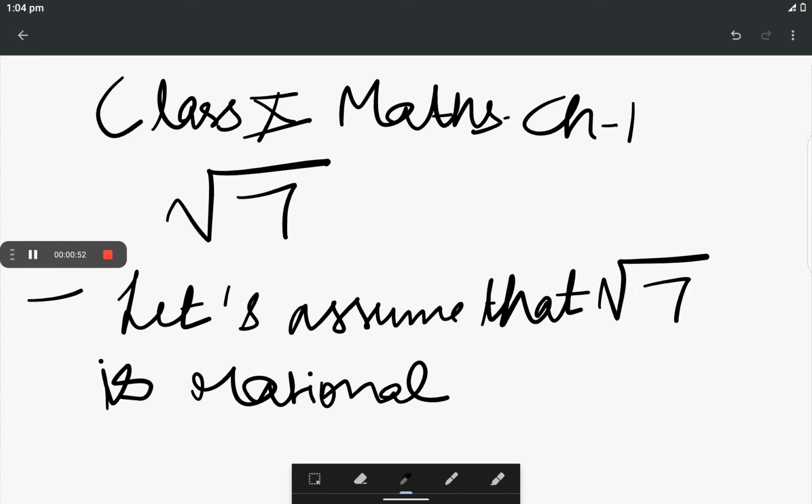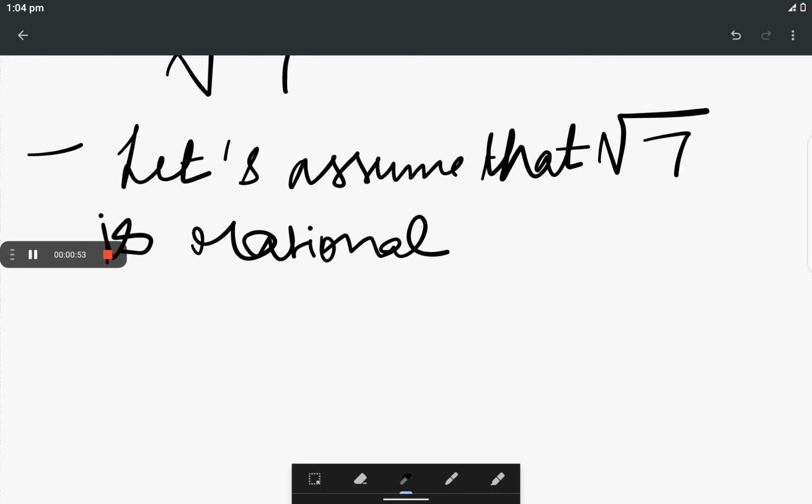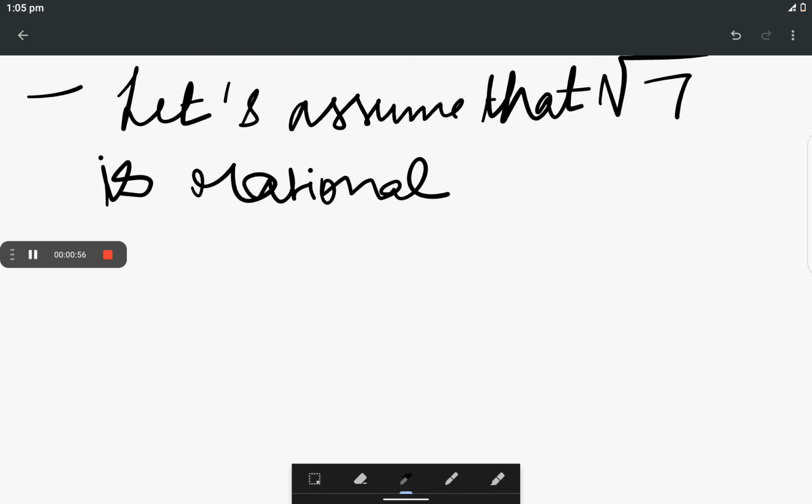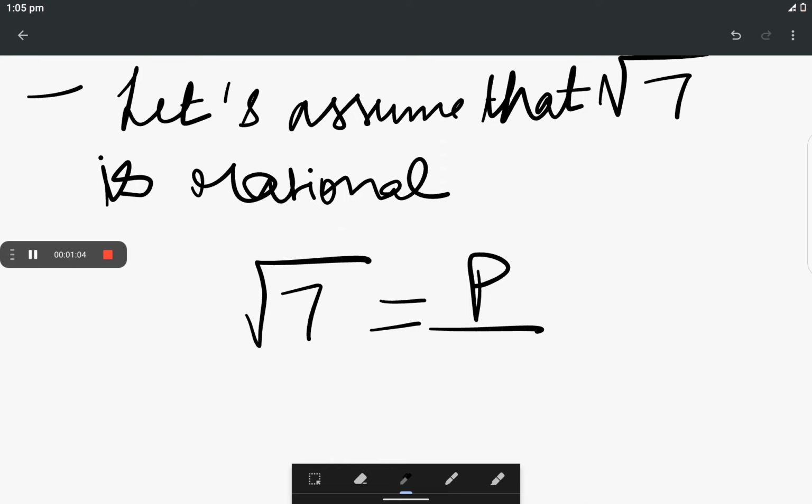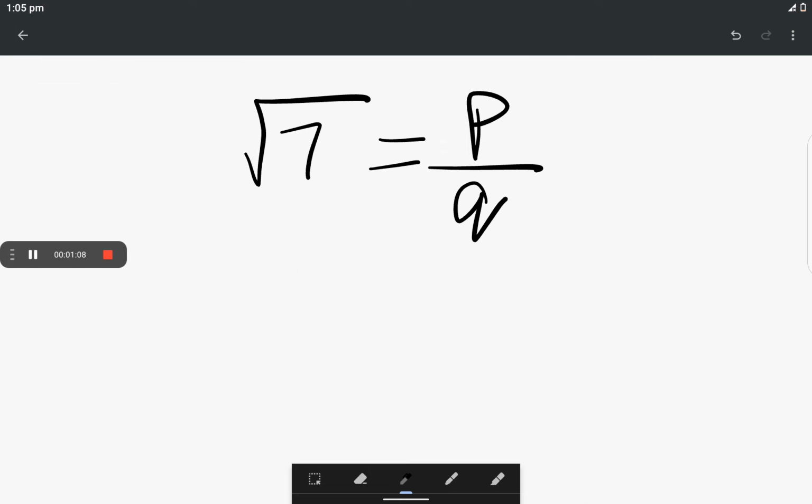So we are going to learn how to do it step by step. So first step is to assume that root 7 is rational. So we know that when any number is rational, it can be written in the form of p by q, right? So here, now the next step, step number 2, is to square both the sides.